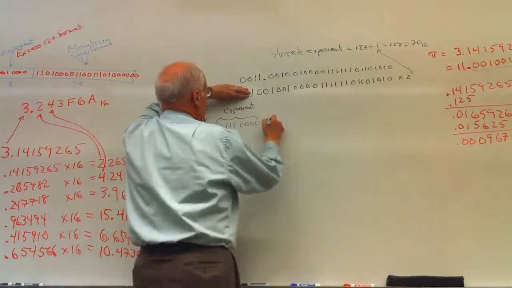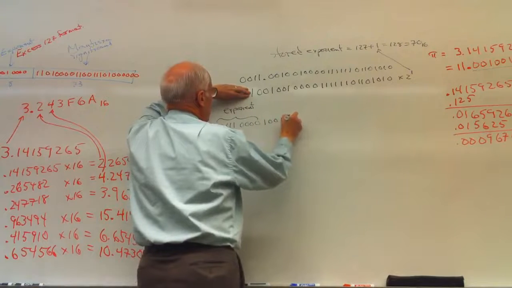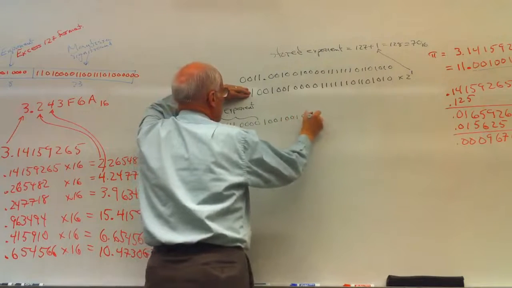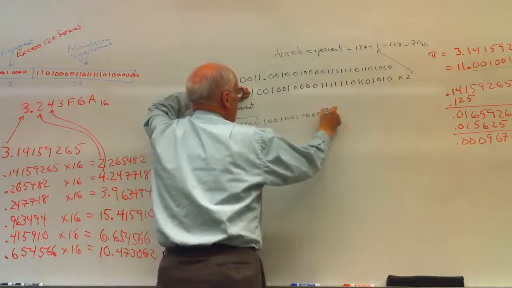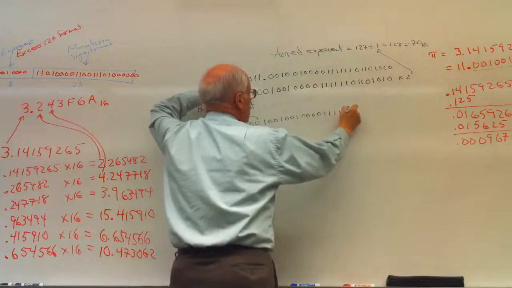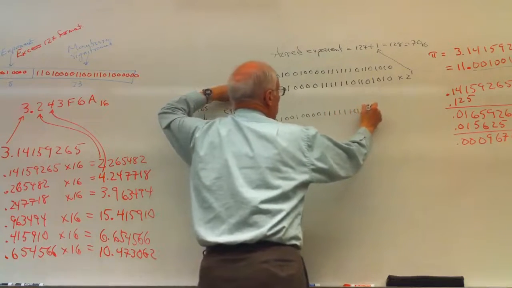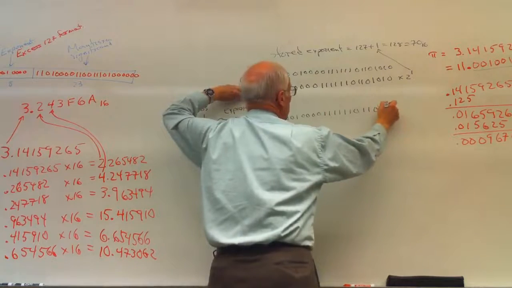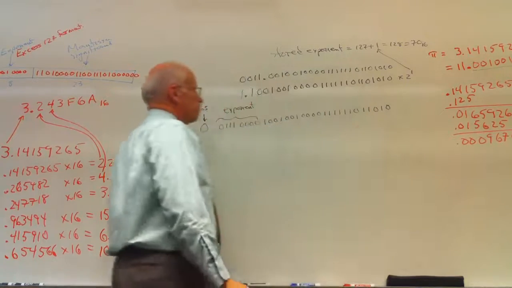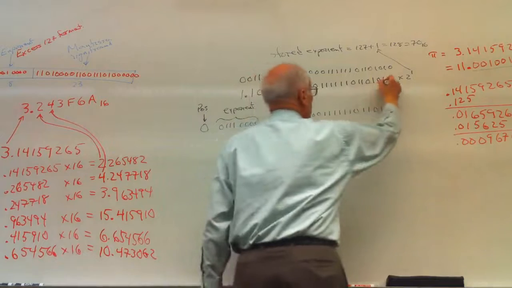Now let's see, I've got 1, 2, 3, 4, 5, 6, 7, 8, 9, 10, 11, 12, 13, 14, 15, 16, 17, 18, 19, 20, 21, 22, 23. Notice that this got lost.